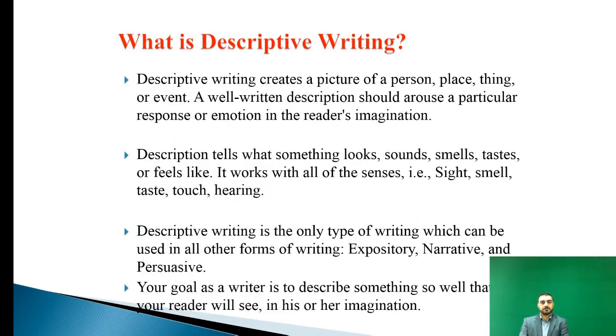What is descriptive writing? Descriptive writing creates a picture of a person, place, things, or events. A well-written description should arouse a particular response or emotion in the reader's imagination. As it is, a descriptive essay is a process of painting, but not by using colors or pen or pencil.